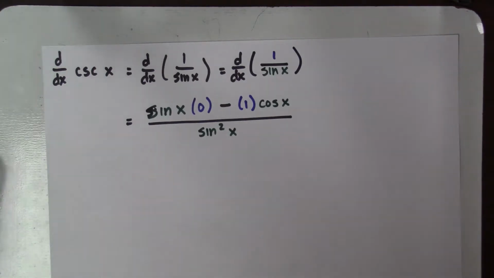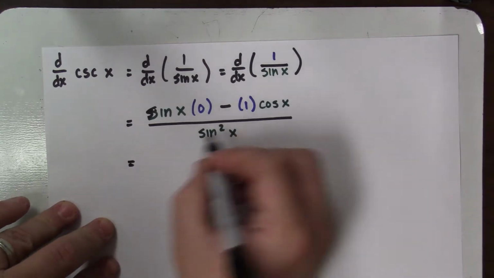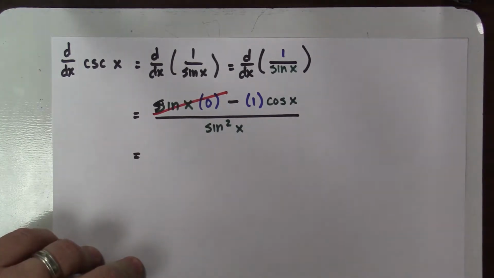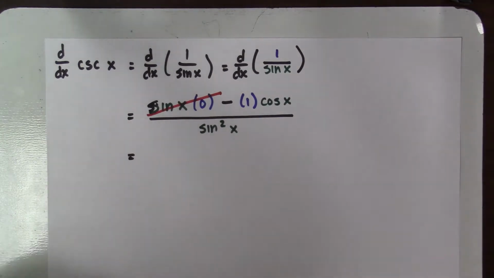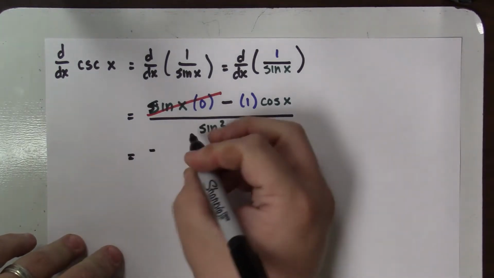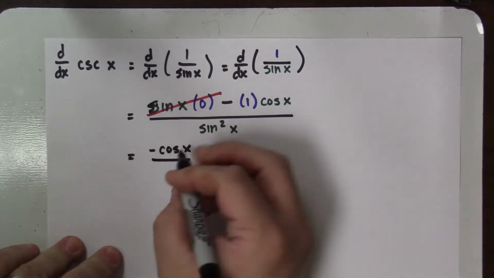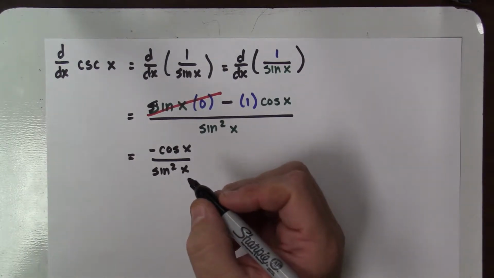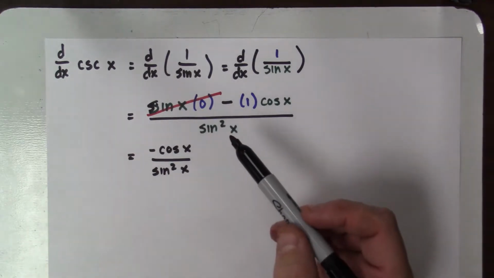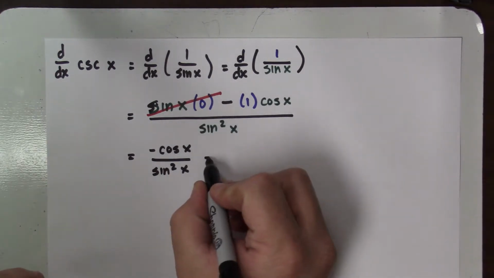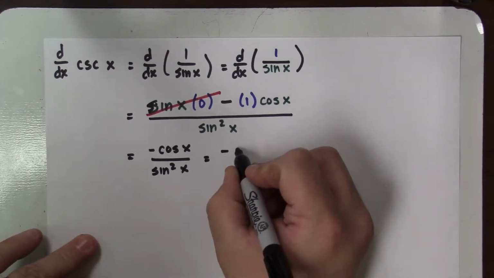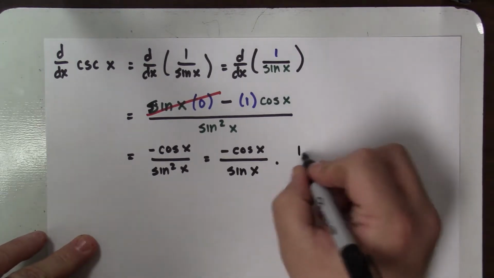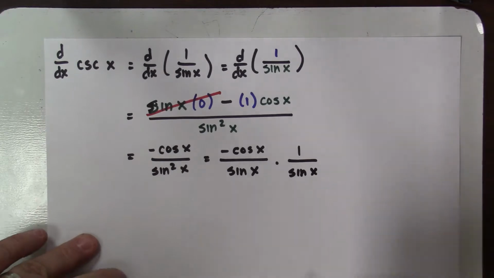Now, on top, this term is 0, so I'm left with on top negative cosine x over sine squared x. Now, through a little trickeration, I'm going to say that is negative cosine x over sine x times 1 over sine x.